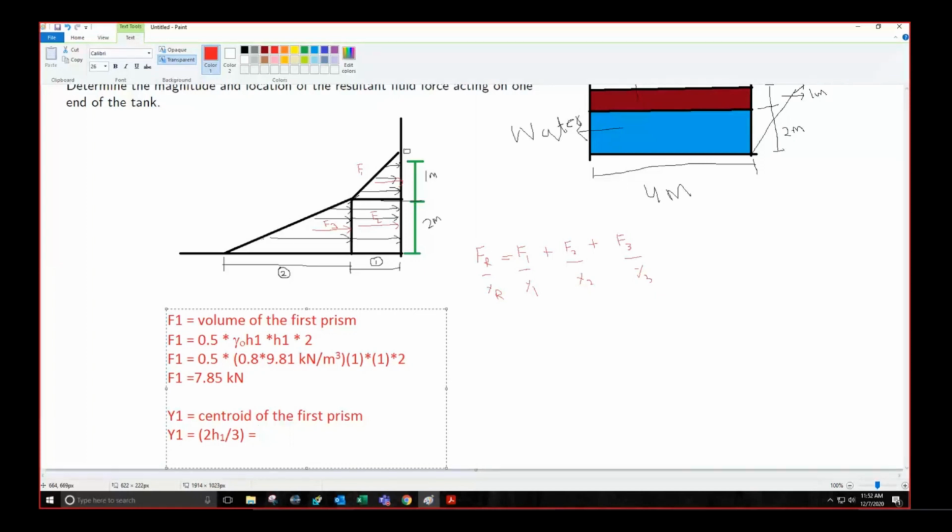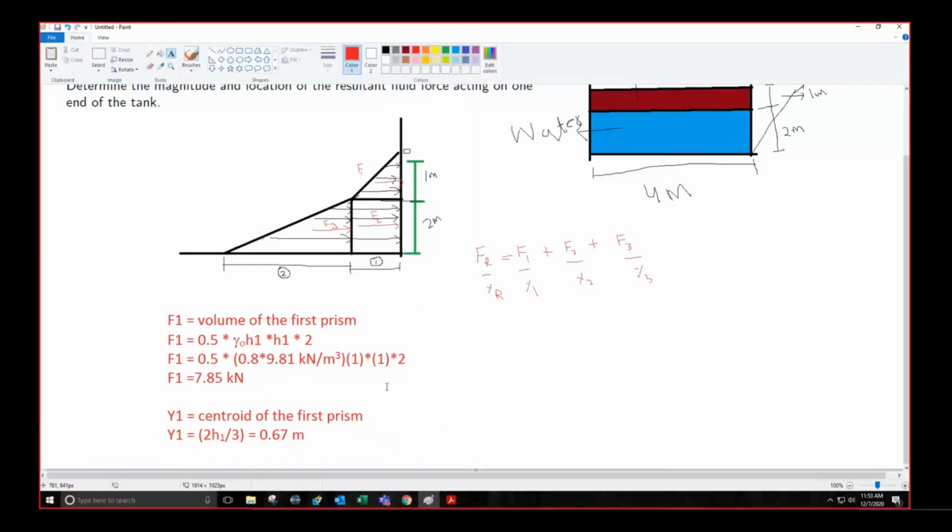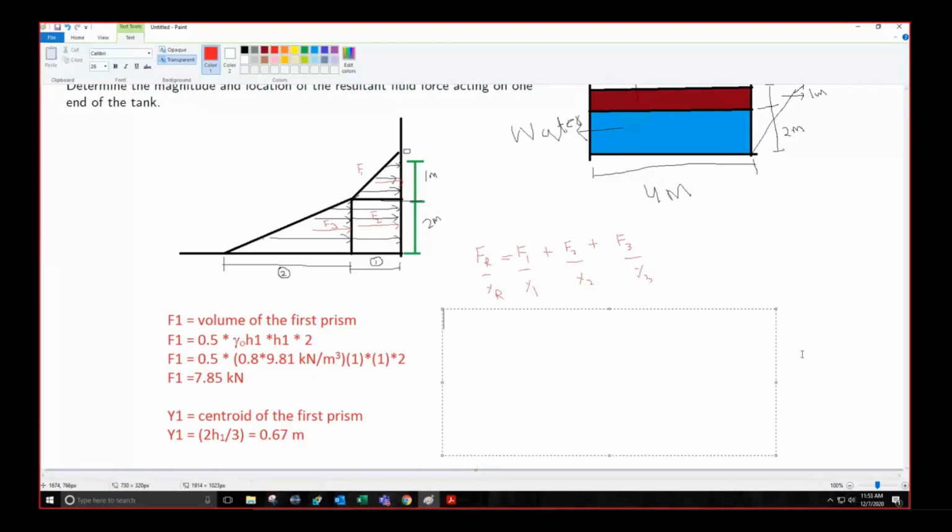So it is equal to 2 by 3. That is 0.67, because H1 is 1 meters, right? Any question in that? इसके अंदर कोई चीज समझ ना आई हो? No sir.